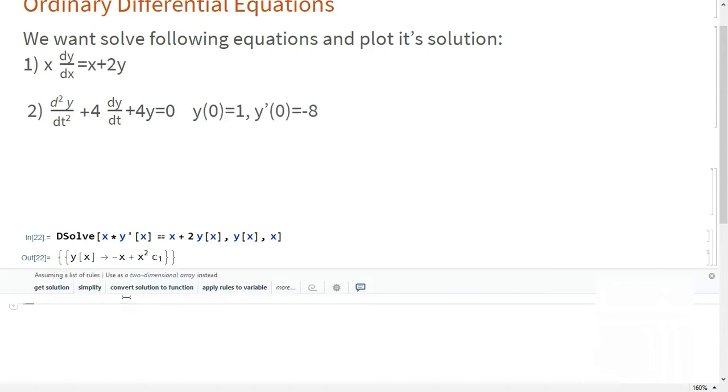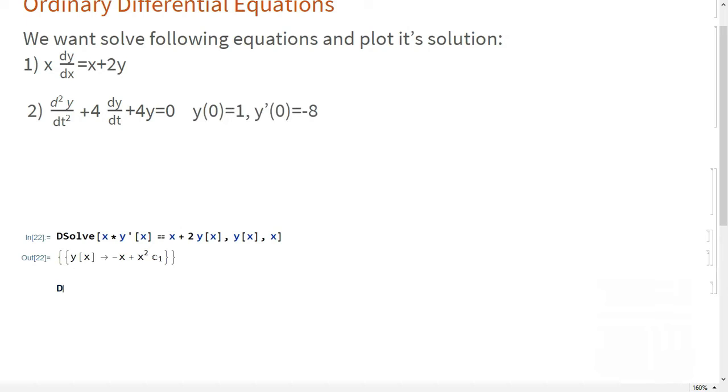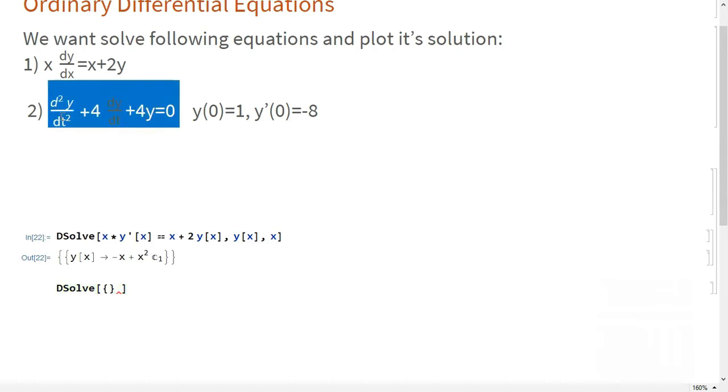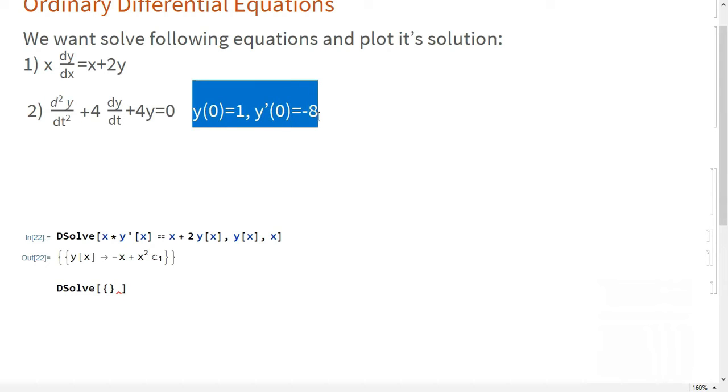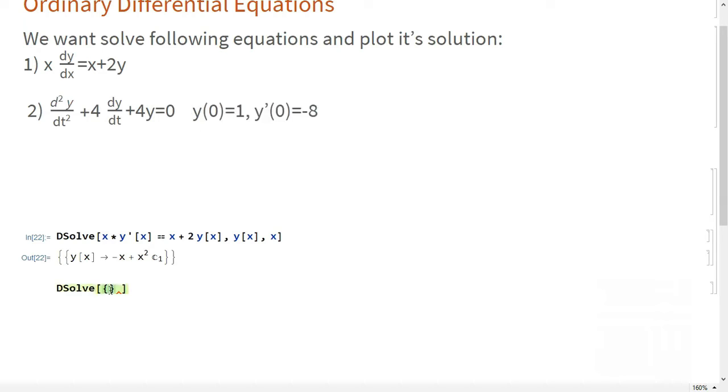To solve the second one, again you will type DSolve, and now first you have to put two curly braces. The reason being, you have to put this expression first and then you have to put these initial conditions. So that's why you have to put two curly braces, so that Mathematica will take it as a list. So let's type that. Notice that here our y is a function of t.